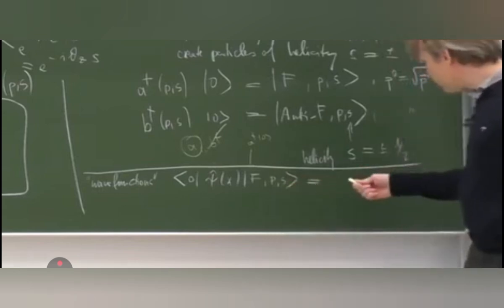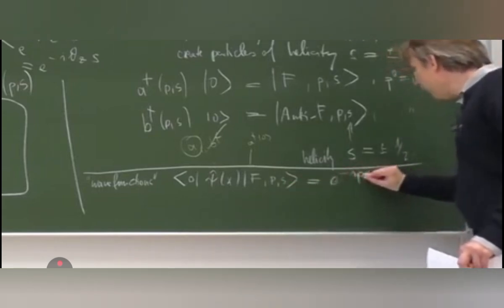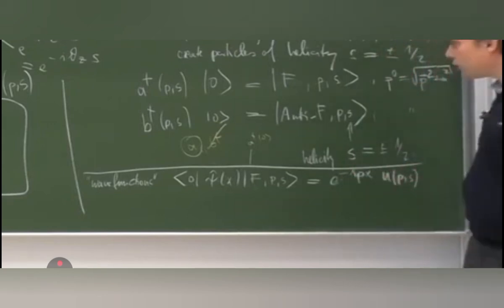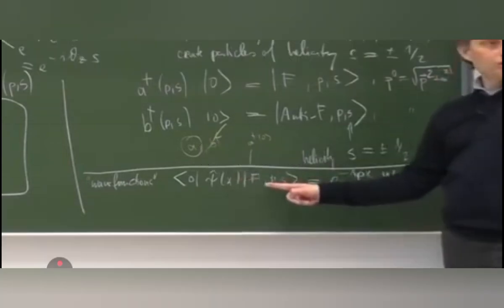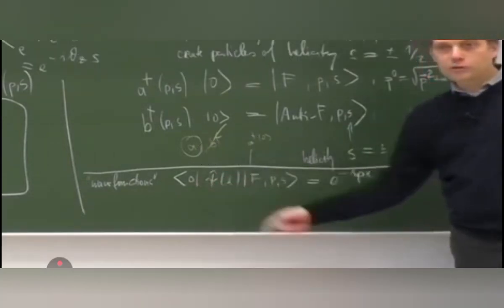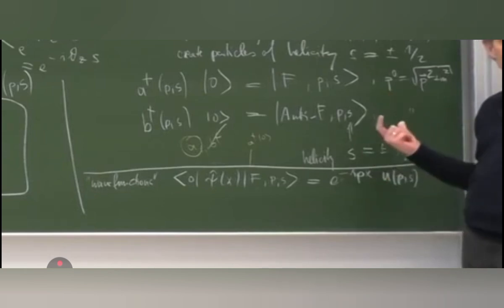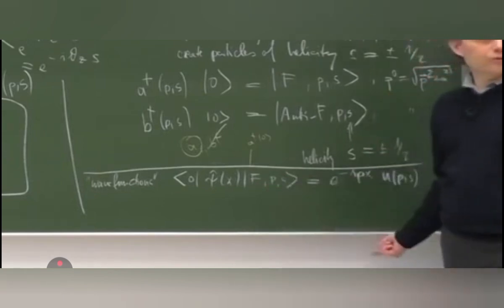And that is then e to the minus i px times the spinor u of p comma s. So this matrix element, between a one-particle state, the field operator, and the vacuum, reconstructs for you this spinor u of p comma s. So you see that spinor has an interpretation. It describes an incoming fermion with a certain momentum and spin.